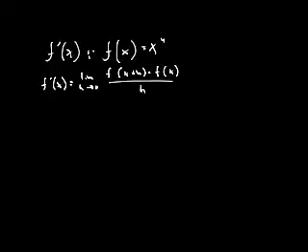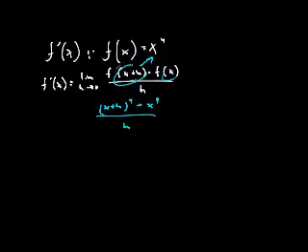So now we just plug in values. When we take x plus h and put it in here, we get x plus h to the 4th. And then when we plug in x, we just get x to the 4th. And all of that is over h.